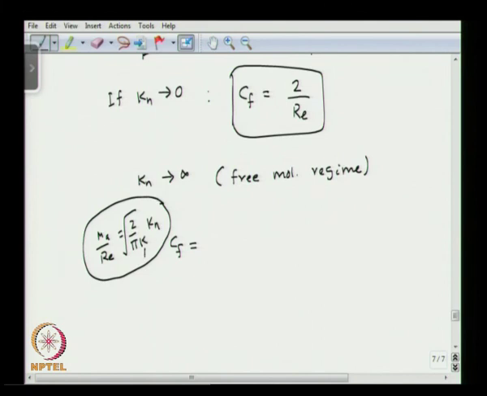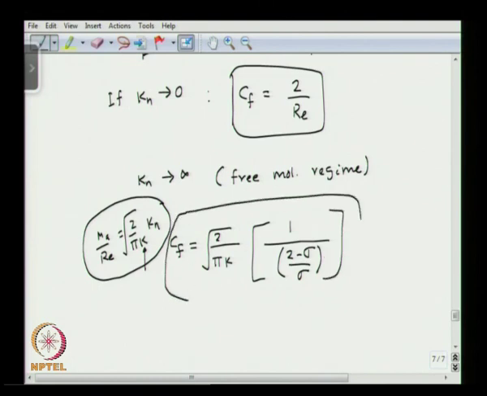So, here k is the specific heat ratio. So, in that case you can show that Cf is going to be 2 divided by square root of pi k into 1 divided by (2 minus sigma) over sigma. So, this is the limit when Knudsen number is very high, Knudsen number is infinite. So, let us stop here.